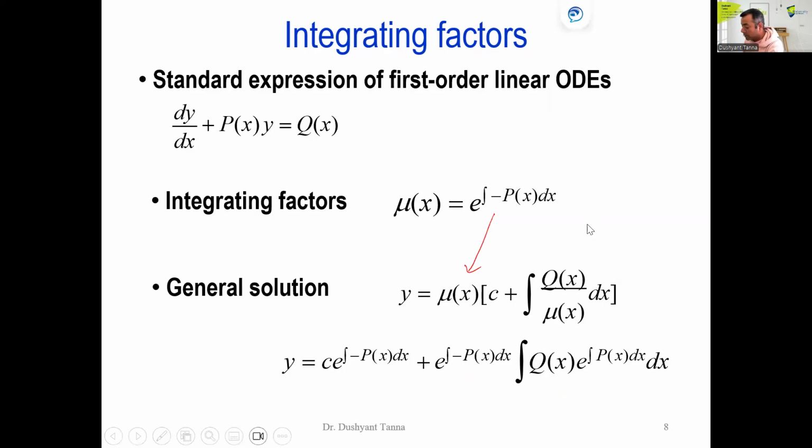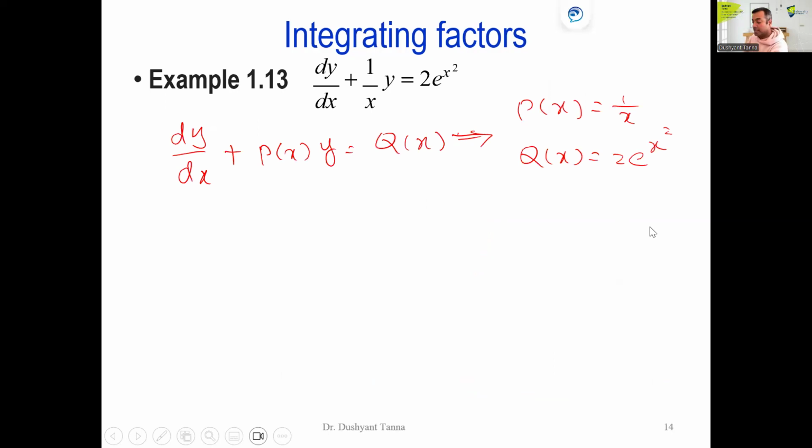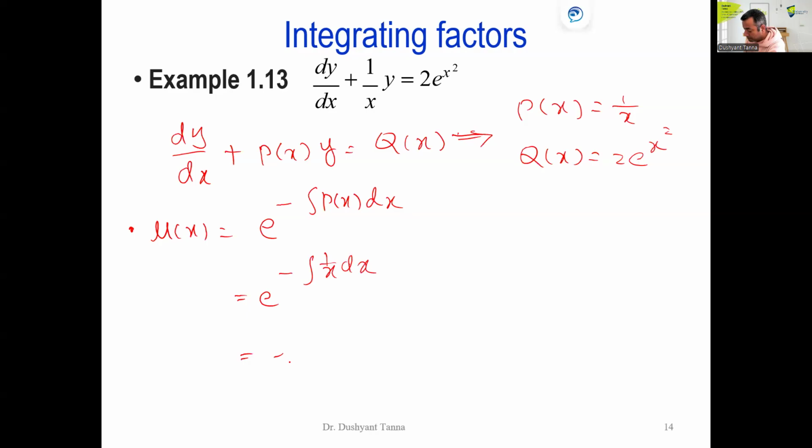Okay, it's important to find the mu x. So integration of, right. So let's start with that. Here, first bit, mu x, which is integration of minus px dx. What is px? It is 1 on x. Okay, so that is integration of 1 on x dx.